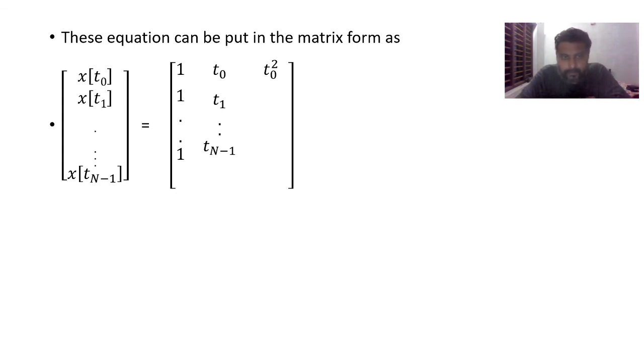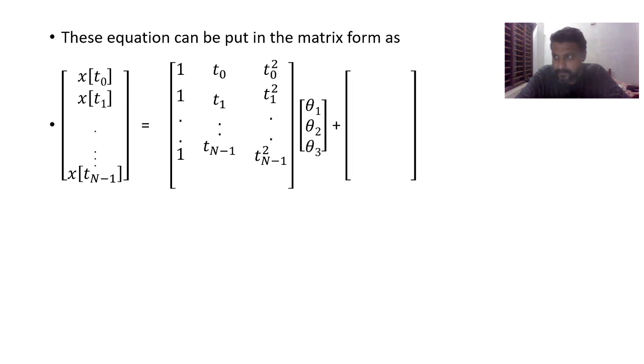So there is a slight change in how the matrix is written. Theta 1 theta 2 theta 3 is the unknown parameter, a 3 cross 1 matrix. The first is an n cross 1 matrix, the second an n cross 3 matrix, the third a 3 cross 1 matrix, and the last an n cross 1 matrix. It is of the form of the linear model.